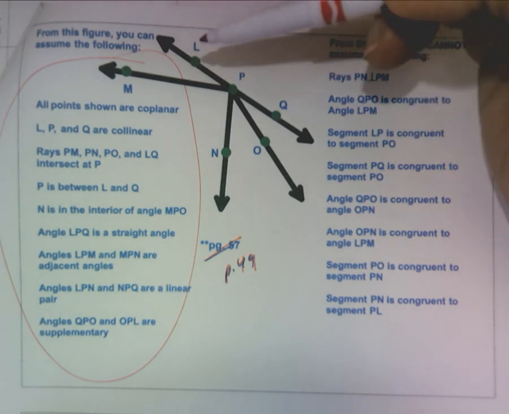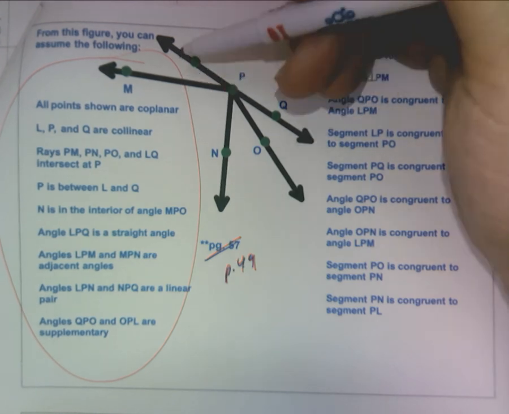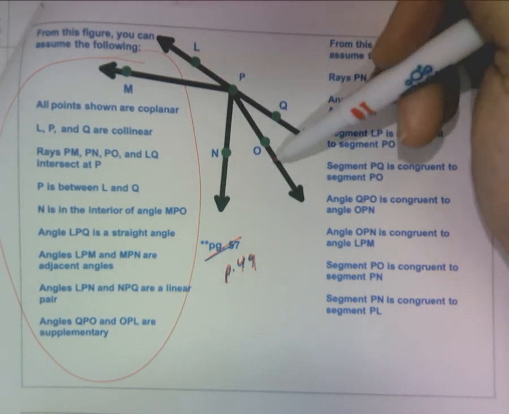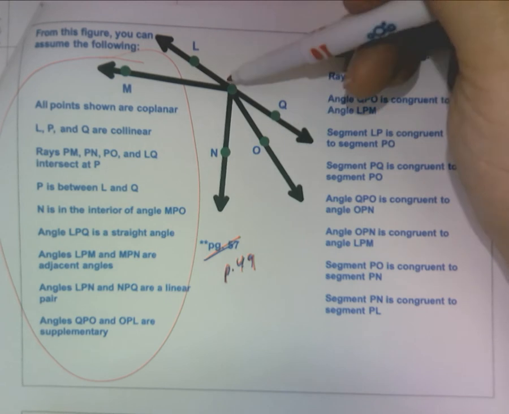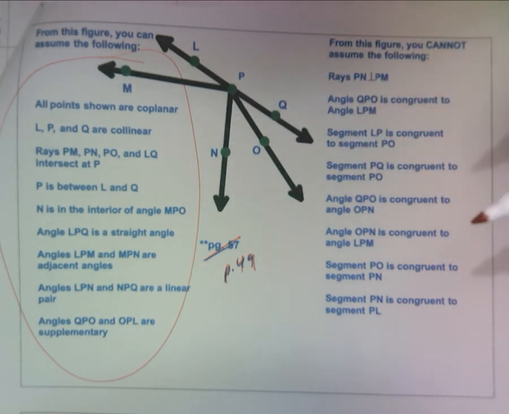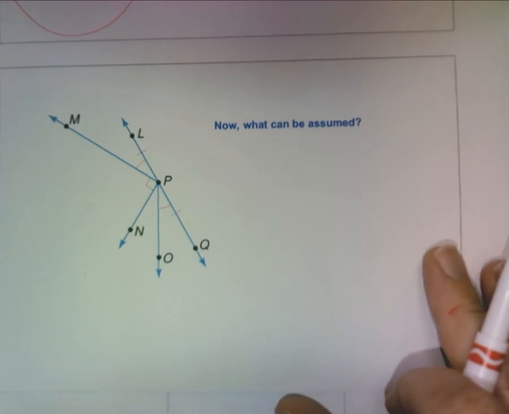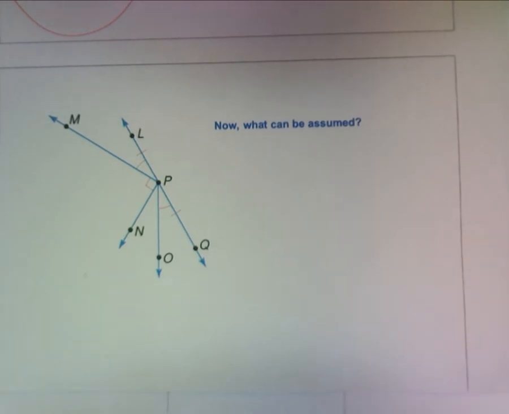Now, I can safely assume that PL and PQ are opposite rays, and that I can say that QPO and OPL form linear pairs, things like that. But I cannot just say, oh, I know what the measure of this is, okay? So when you look at a picture like this, now I've given you some markings on here. I just want you to pause the video if you can, draw this out, and make a list of some things that you can assume from this picture right now.